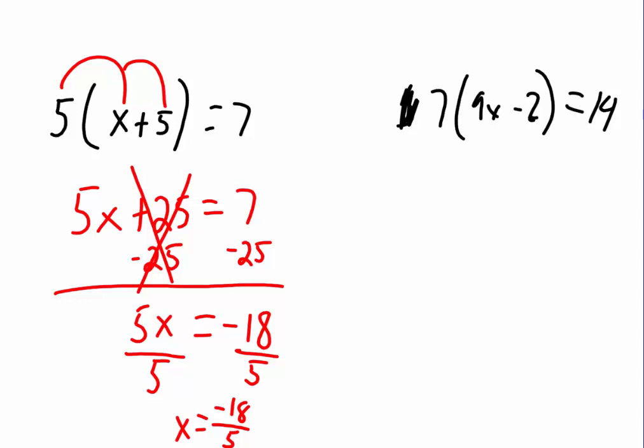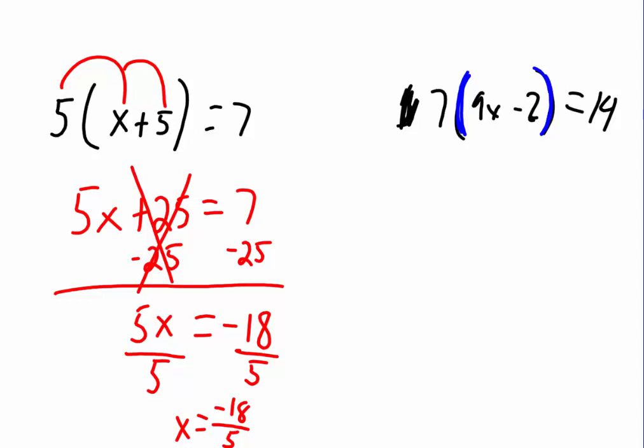So, all right, now, this problem up here is the exact same kind of problem as the one before, but this time I'm going to do it a different way. The reason why is because if I start reading this, it says 7 times the quantity, and it's these parentheses that make the quantity 9x minus 2.